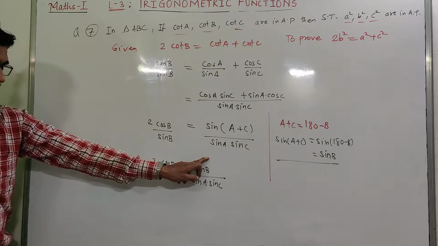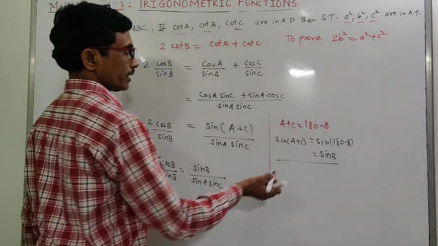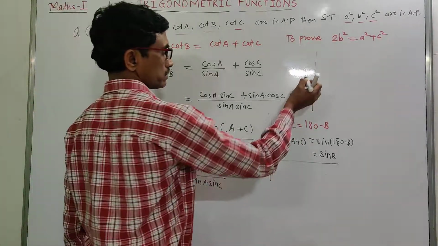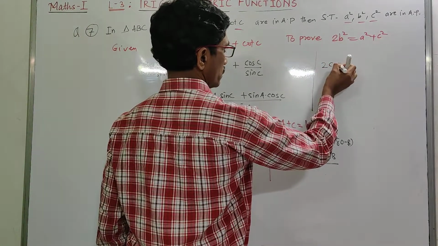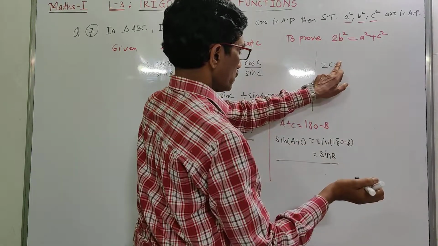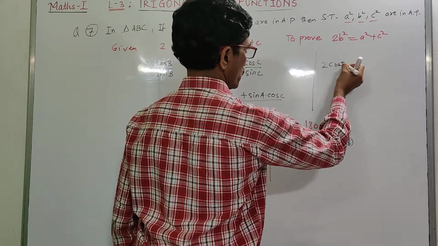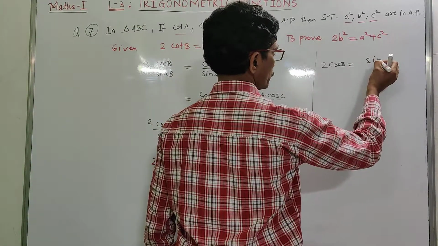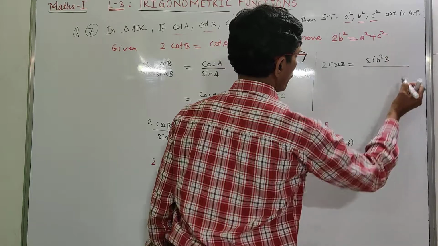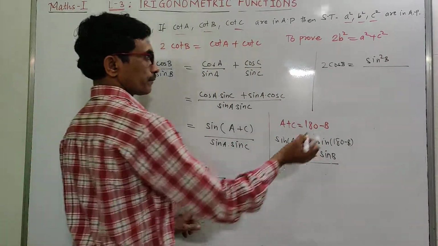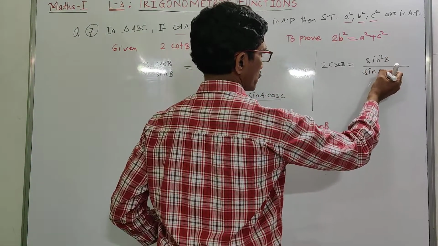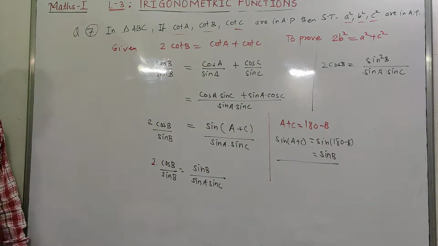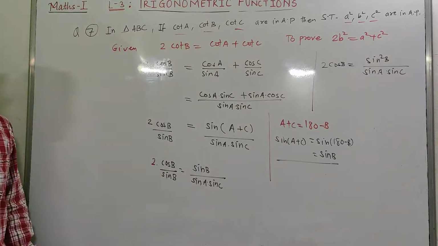Take this sin B to the right hand side, so you will be getting here 2 cos B is equal to sin square B upon sin A into sin C. Yes, sine rule we use.